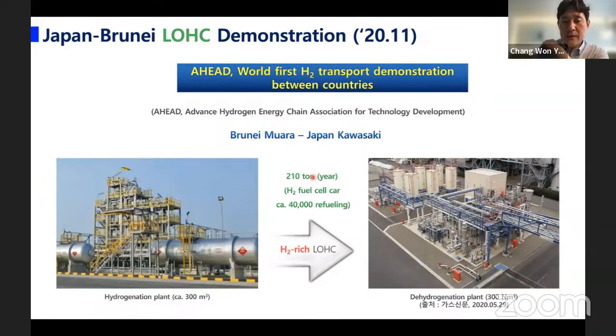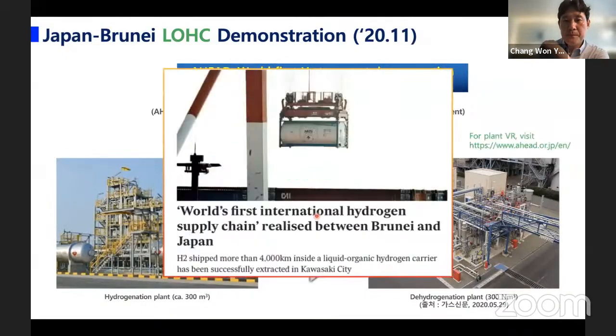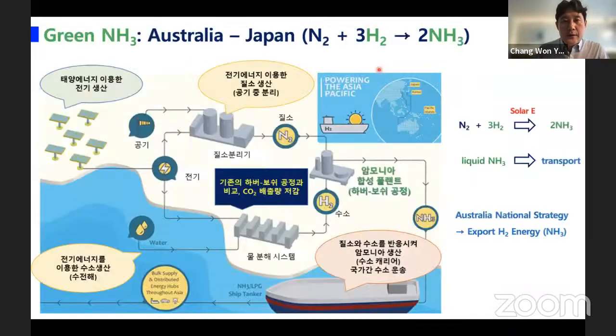That quantity means you can refuel 40,000 hydrogen fuel cell cars, which is significant. So here you see the first international hydrogen supply chain realized between Brunei and Japan. That was announced in 2020.